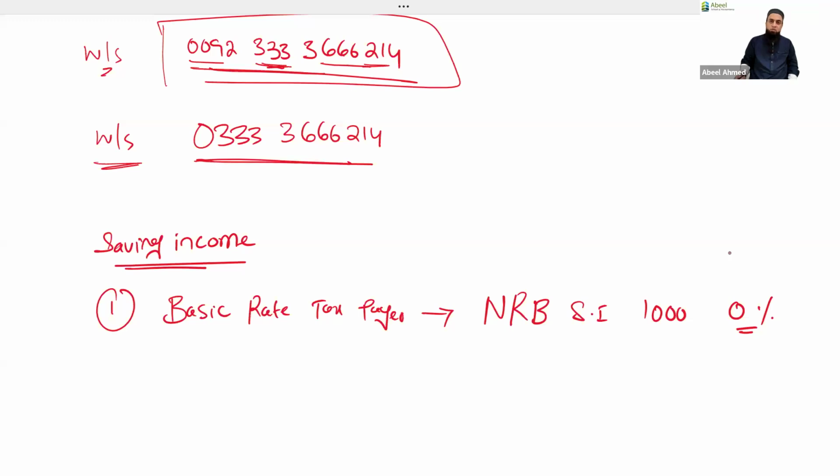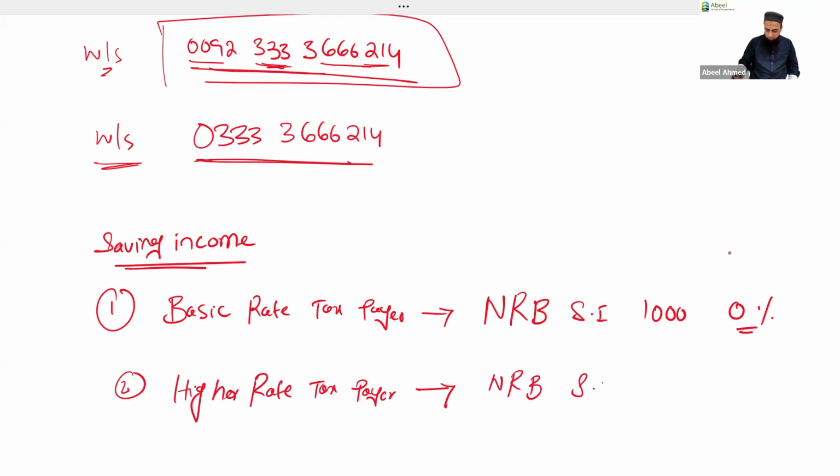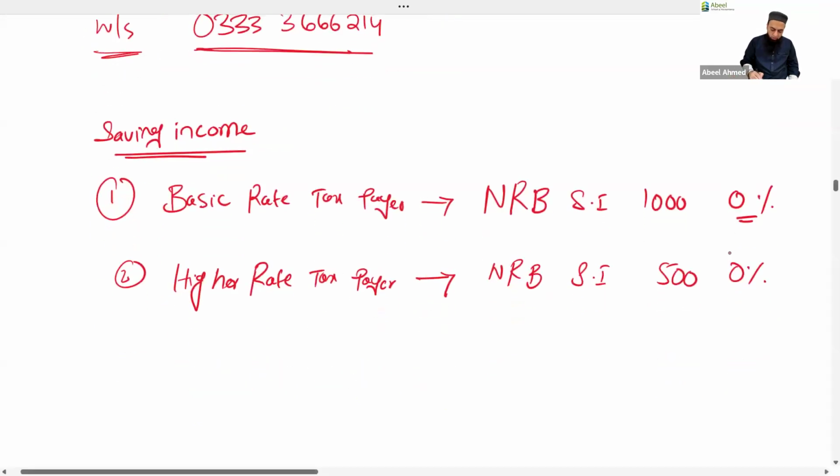How do we decide someone is a basic rate taxpayer? Just wait for that. If someone is a higher rate taxpayer, then the nil rate band for the saving income is £500. If someone is so rich that the person is an additional rate taxpayer, they do not get any nil rate band for their saving income.